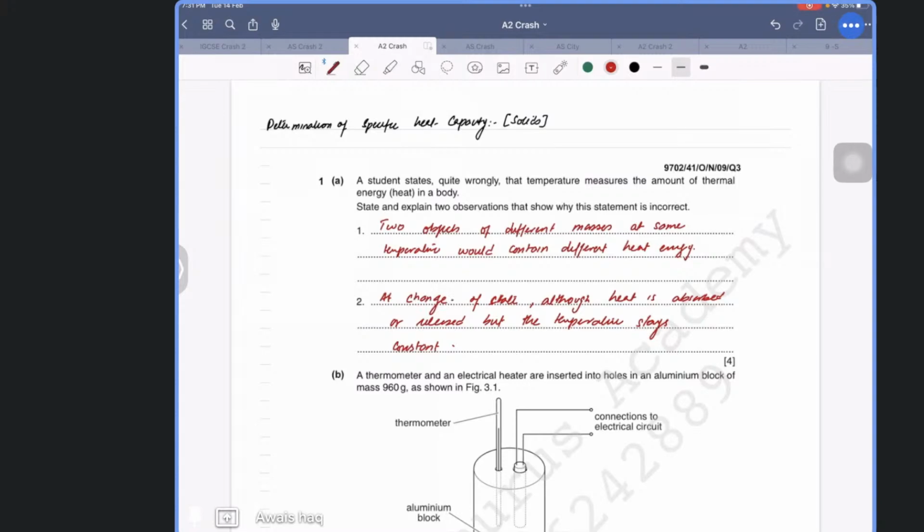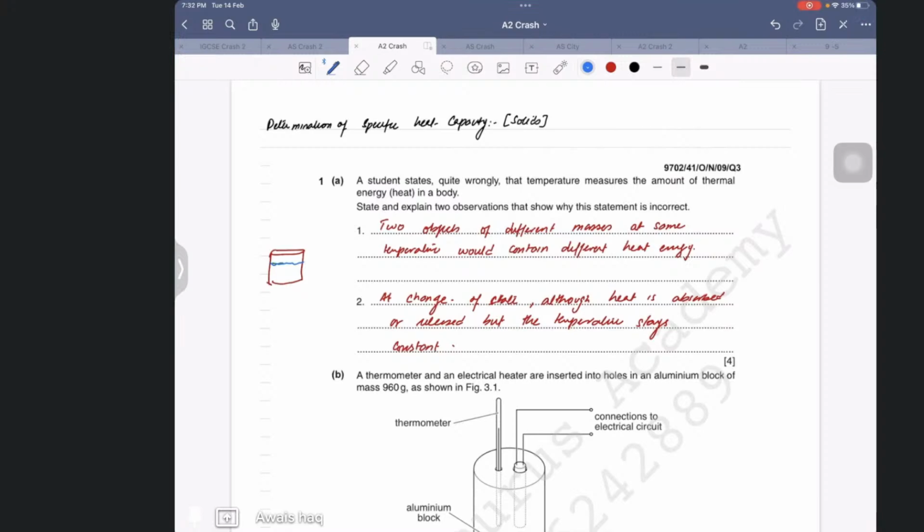Gatika, suppose this is the steel pan that you're heating water in. Why do you think this pan gets to the same temperature as the water earlier than the water itself?